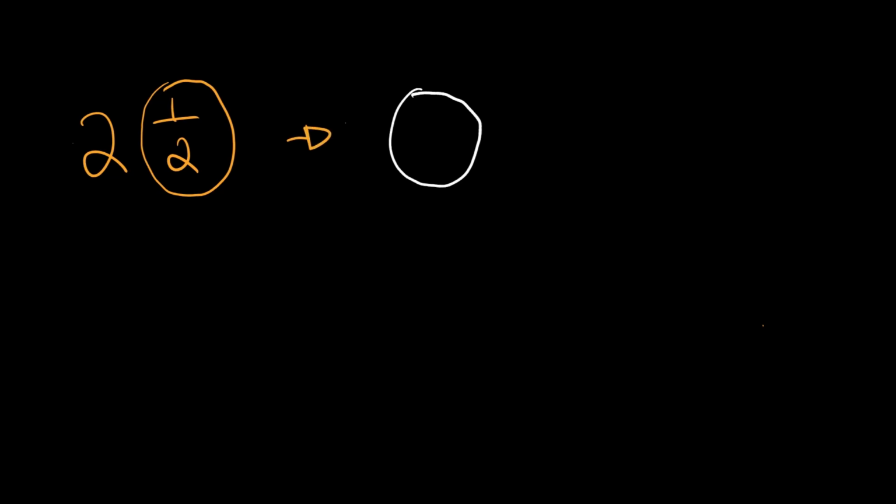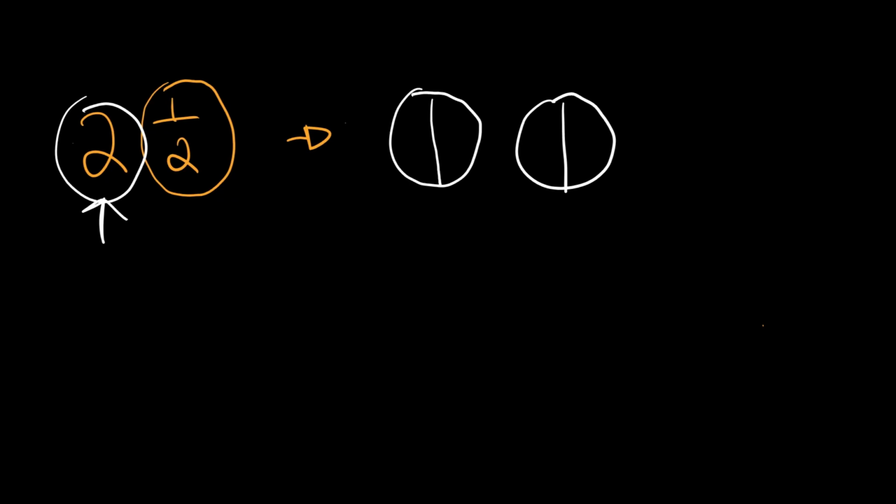What about this one? 2 and 1 over 2. How can you represent this using figures? Well, this is your focus here. You have to always remember the rule. You start with a whole and you cut it into this, but this here is already telling you 2, so I need 2.